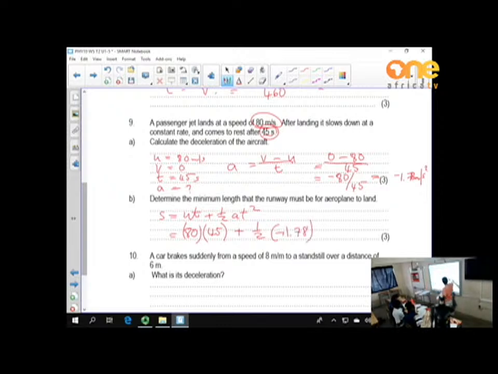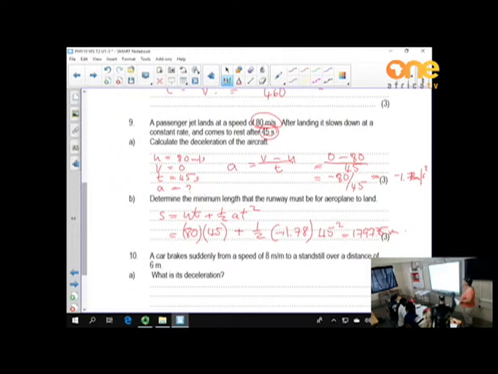And the time is 45 squared. So, what's the answer? 1797.75 meters. Yes, meters. Any questions there?